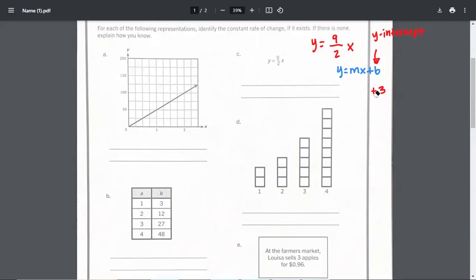It can look easier on this graph. Maybe it was like MX plus 150. Well, if that's the case, at plus 150 at the end, I'm going to go to that 150. I'm going to start right there, and that's where my line's going to begin. That means it's an additive relationship. It's an additive relationship because I'm adding at the end. I'm starting anywhere other than that 0 point.